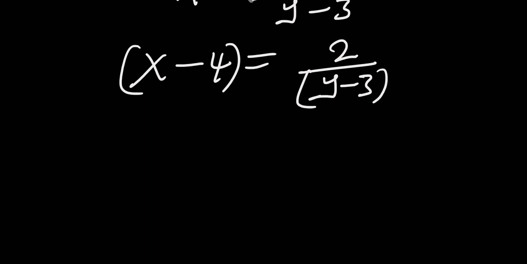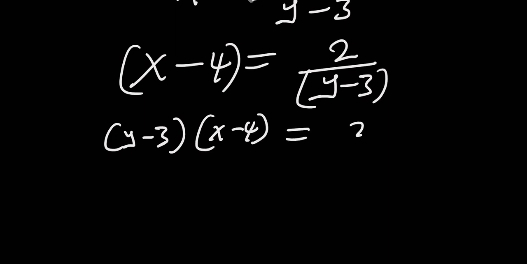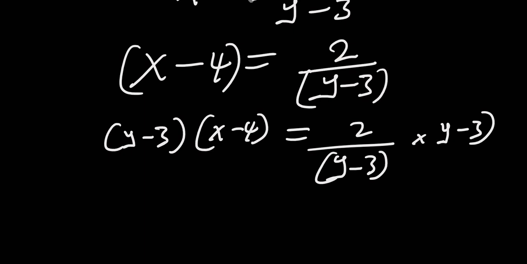So if you do that, you're going to have y minus 3 times x minus 4 is equal to 2 over y minus 3 times y minus 3.